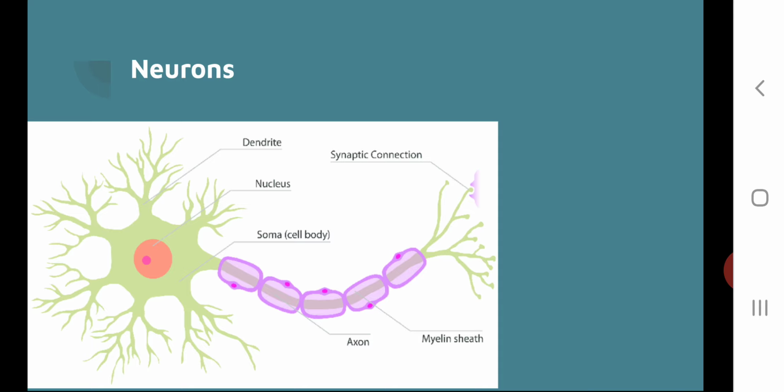Dendrites are like these tentacles that reach out and receive information. That's a good way. The nucleus is obviously the brain of the cell. Then you have the axon, which is this long cord leading away from the cell, and that is where the information is sent away after it's been received from the dendrites.